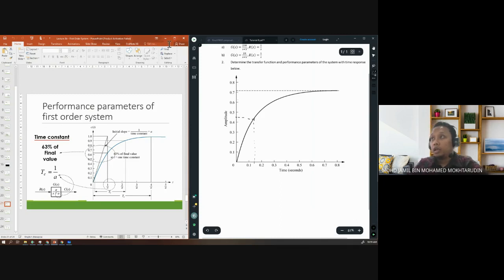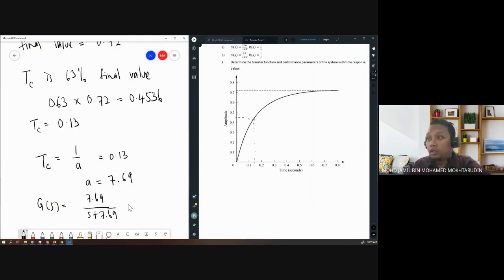So again, what you need to do here, you need to multiply the top here with 0.72. Because it has just scaled down. So you get about 5.54 over s plus 7.69. So this is the final transfer function of the system.